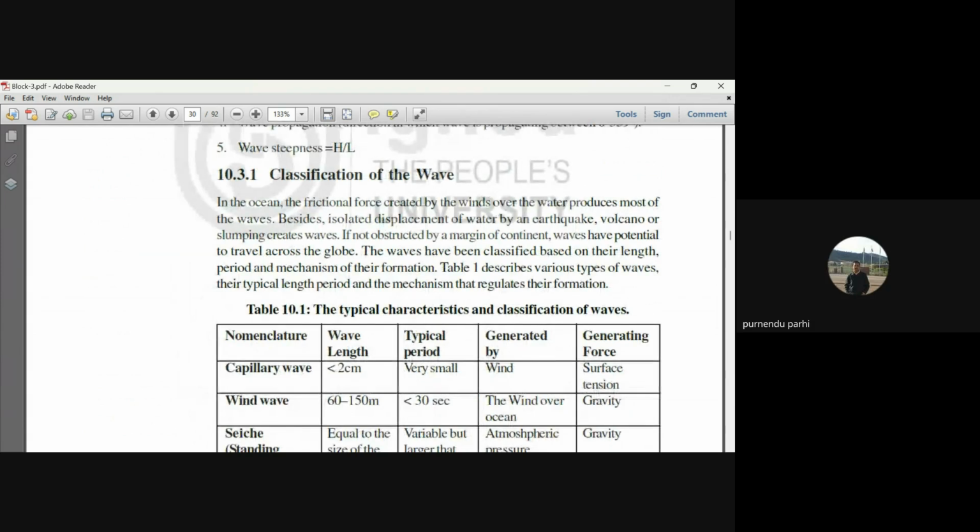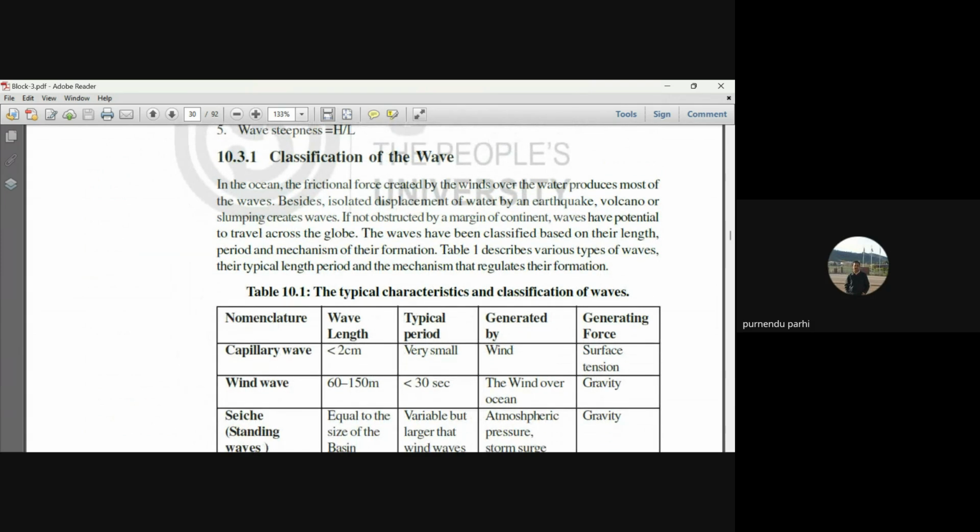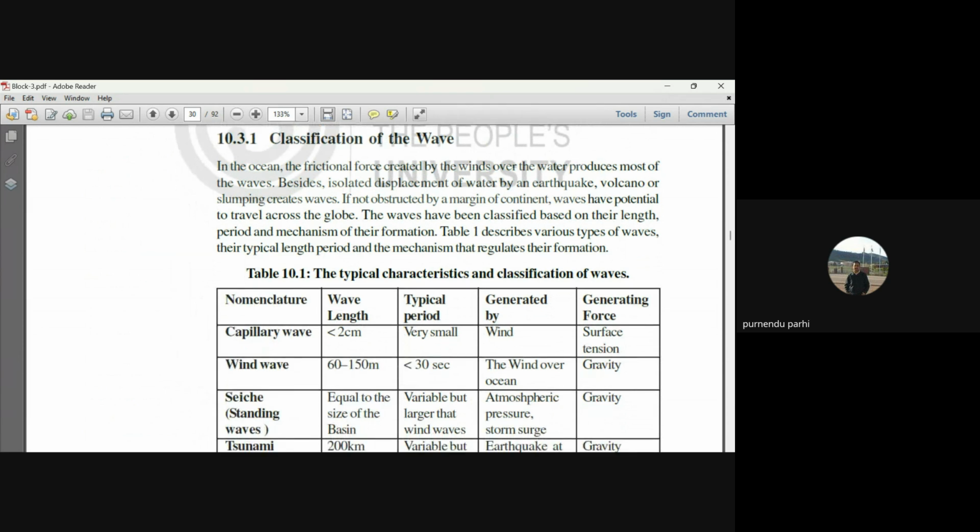Classification of the wave. In the ocean, the frictional force created by the wind over the water produces most of the waves. Besides, isolated displacement of water by an earthquake, volcano, or slumping, waves, if not obstructed by a margin of continent, have potential to travel across the globe.